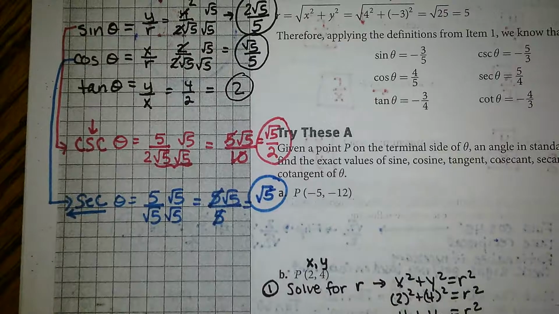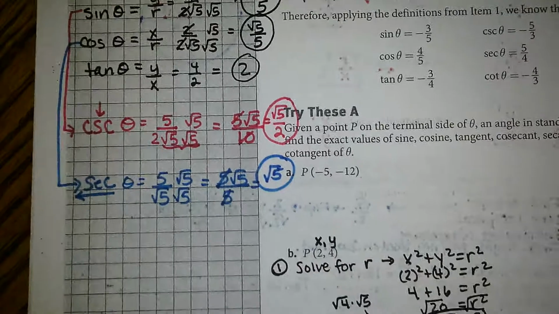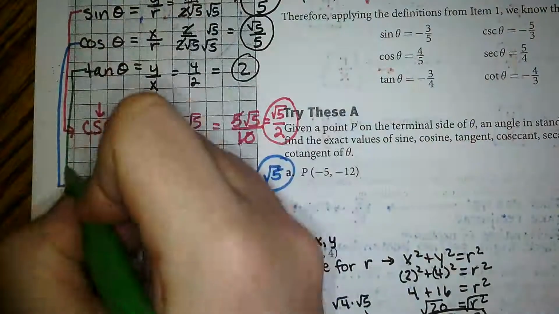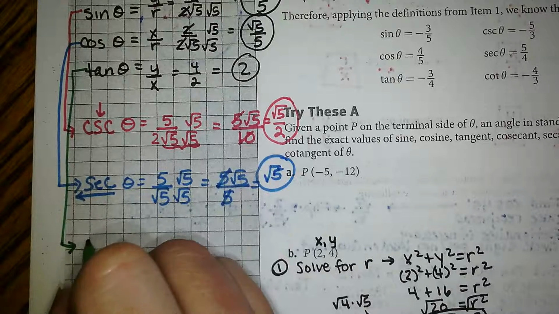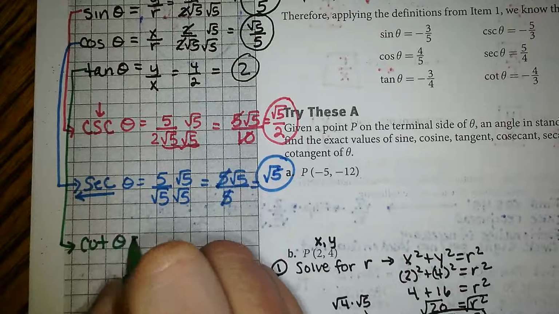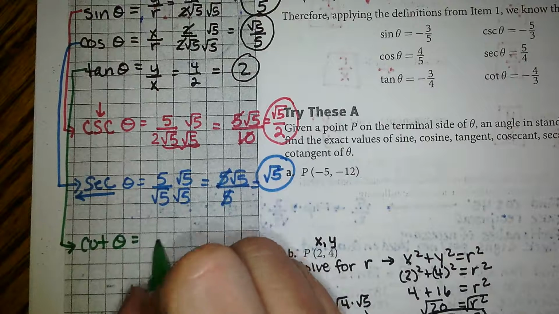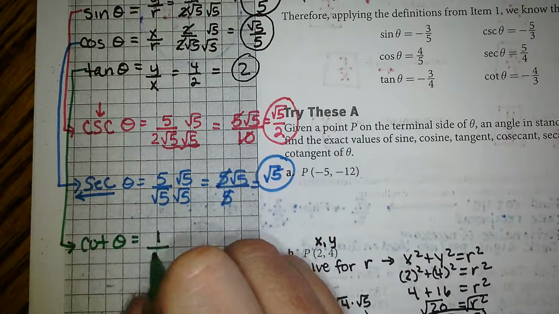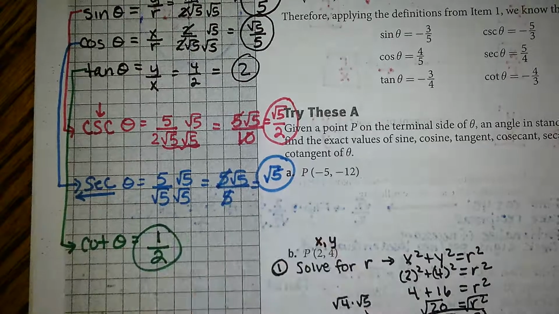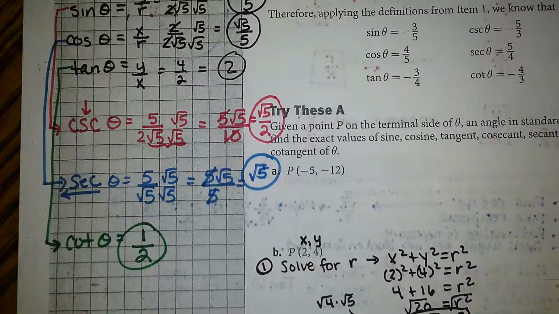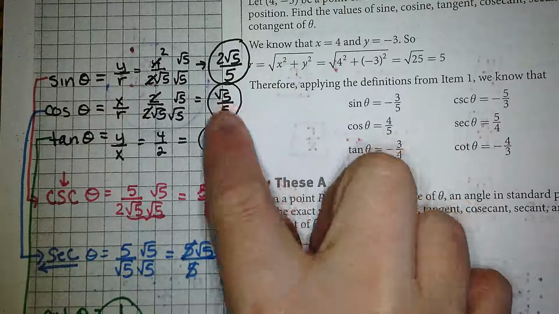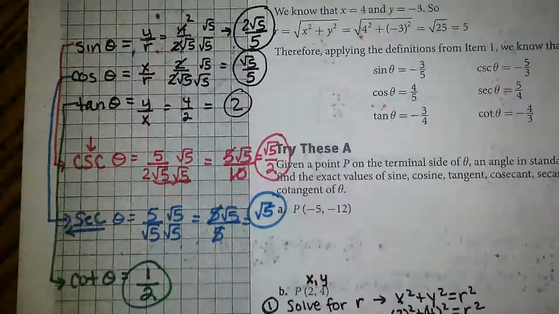And then our last one is tangent. So we need cotangent. And we would do the reciprocal of 2, which is 1 over 2. Boom. Now, do we have to worry about positives and negatives in this case? No. Why not?